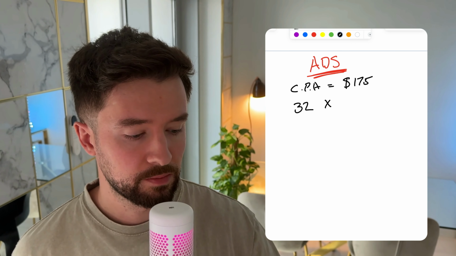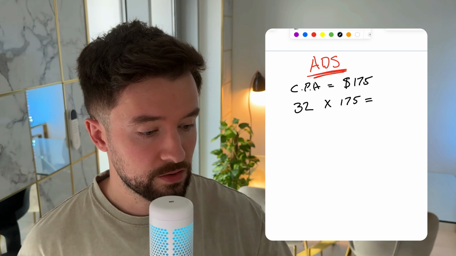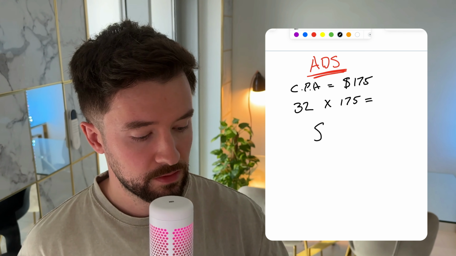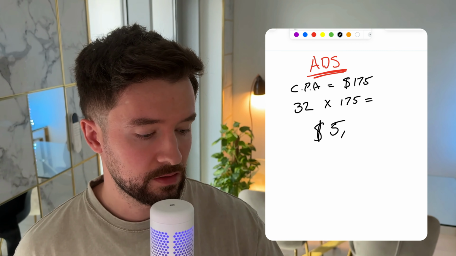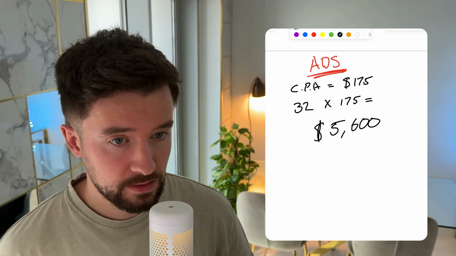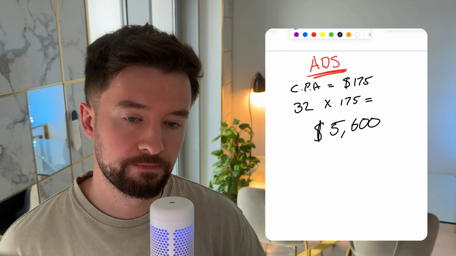So 32 multiplied by your cost per acquisition is how much it's going to cost you to get to your goal of 10 grand a month, which magic number is $5,600. If your cost per acquisition through your ads is $175, if you spend $5,600, congratulations, you're at 10 grand.